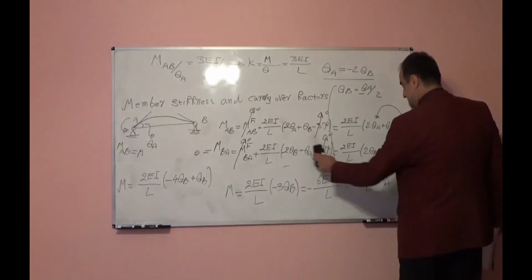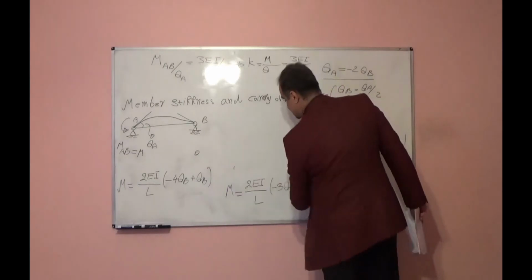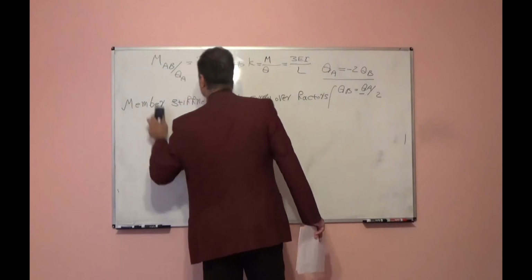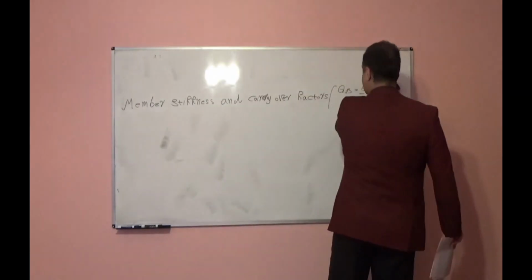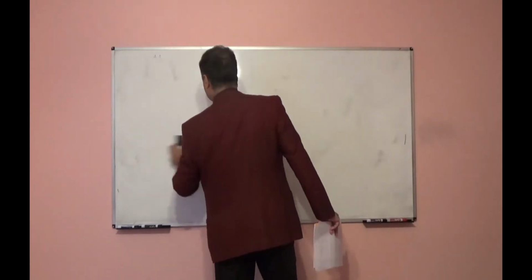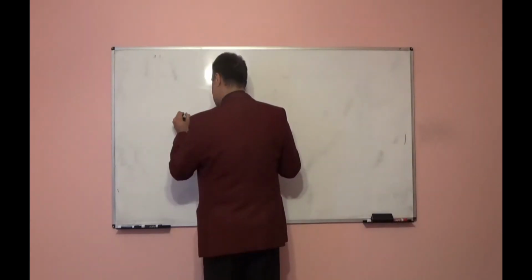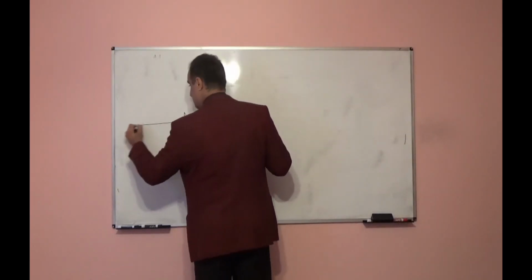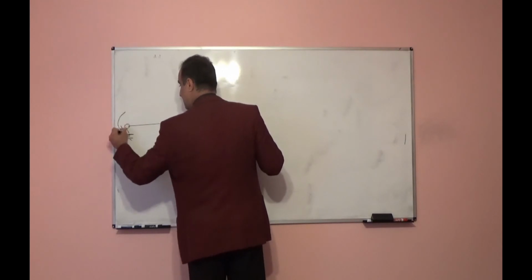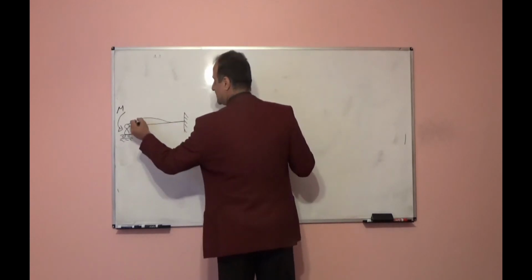So let's now compare these two rotational stiffnesses. In this system, if the far end is fixed and I apply moment M, the deflection will be something like this.